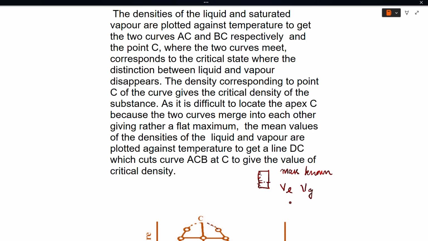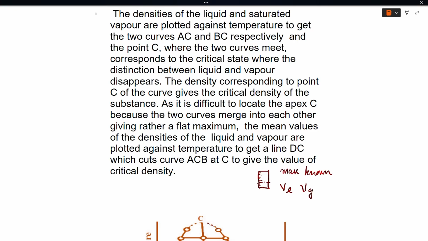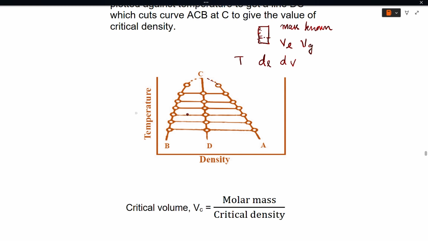From these, at different temperatures and for different masses for a given temperature, you can use the data to solve for the density of liquid and density of vapor at a given temperature. So at different temperatures, we will be finding out the density of the liquid and the density of the vapor. And now, we can plot a graph.